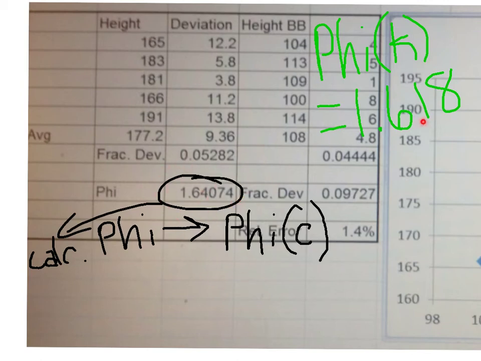Notice these two numbers are very similar, but they're a little bit different, and we want to know how far off they are.